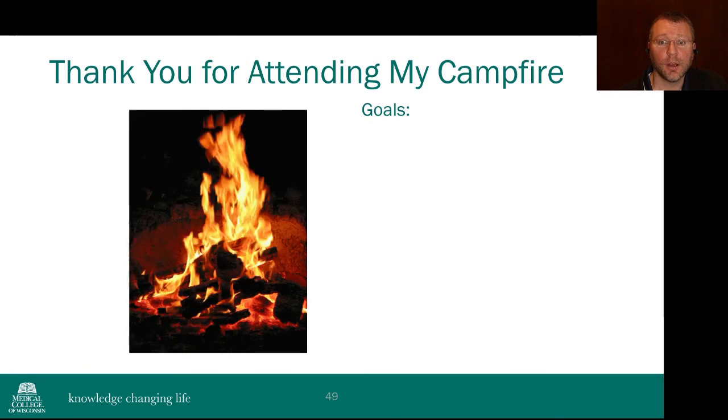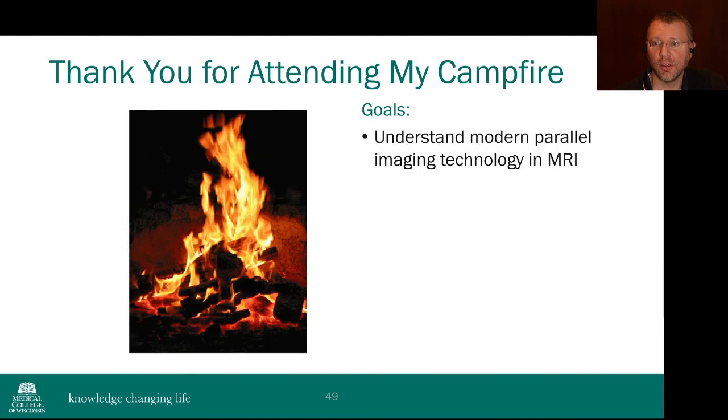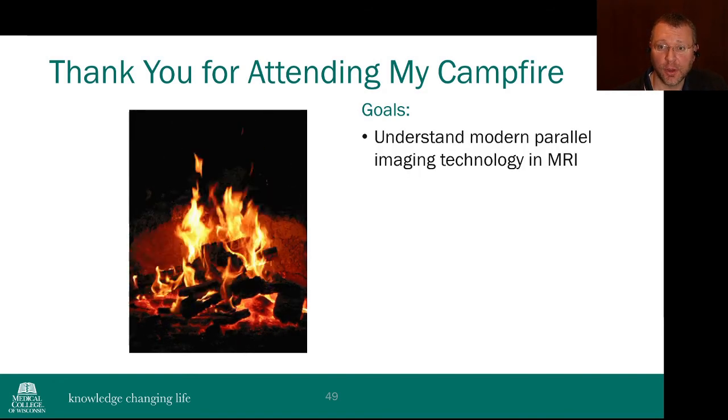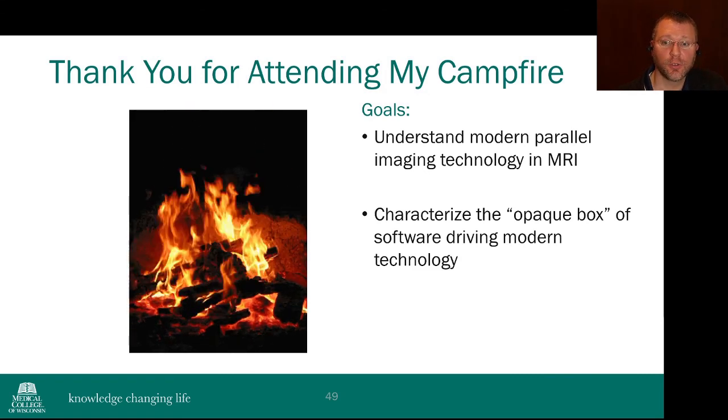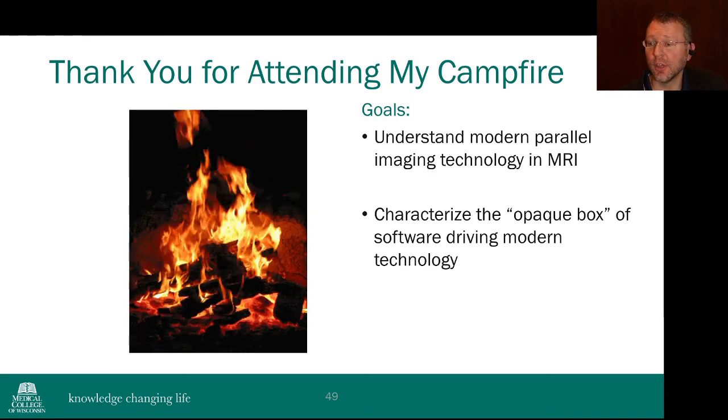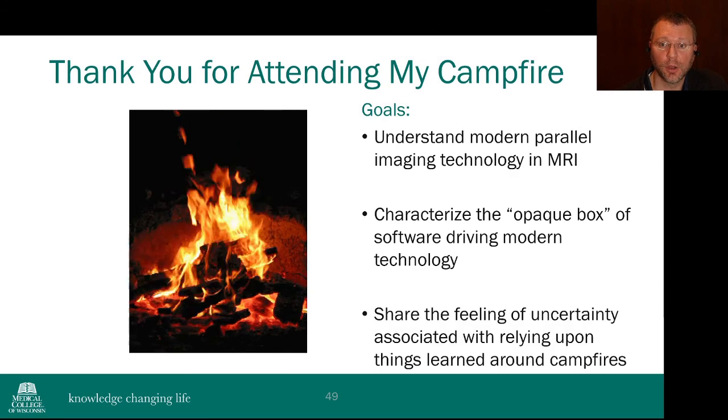So with that, I'd like to thank you for attending my campfire here. I hope that you got some understanding of parallel imaging in MR. You saw how we're probing that opaque box of the software that's driving modern technology, and in that process of finding things, we ended up putting out into the prototypes that we've released those optimal optimizations for the human connectome protocol.